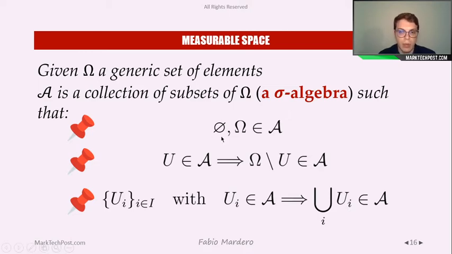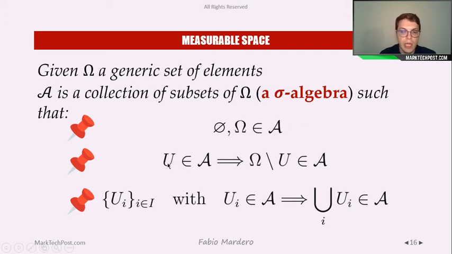What are the three properties that define a collection of subsets of a set as a sigma algebra? Well, first of all, in the collection of subsets, the null set and the entire space should stay inside the sigma algebra.